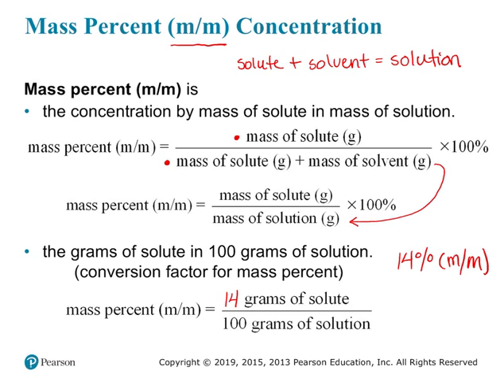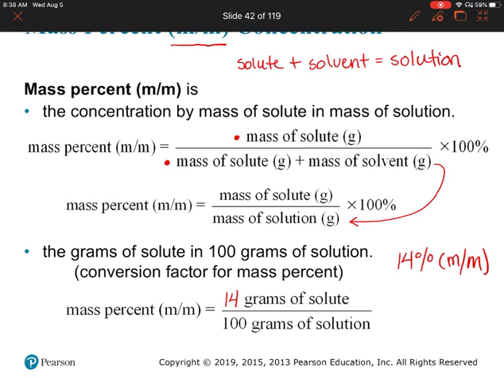So that would be our 14% by mass concentration. Or let's say we're told we have a 5% by mass solution of whatever. Then that means we have 5 grams of solute for every 100 grams of solution.